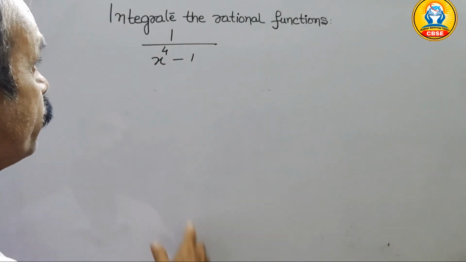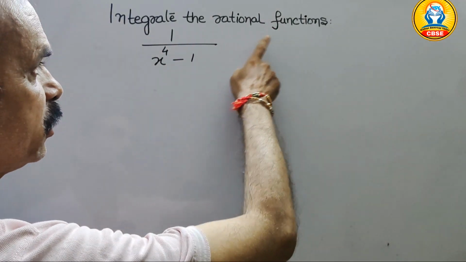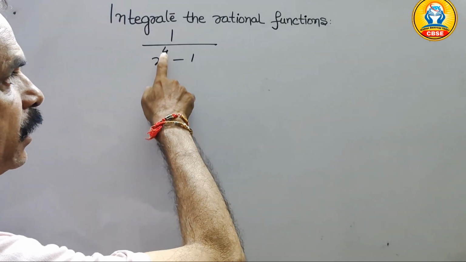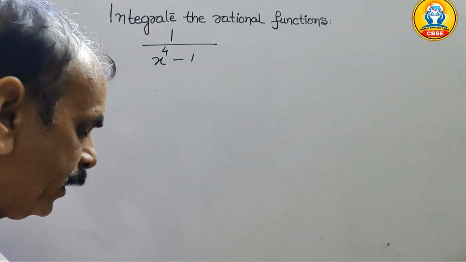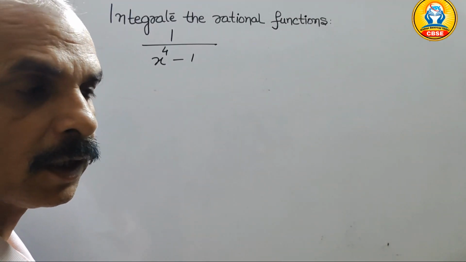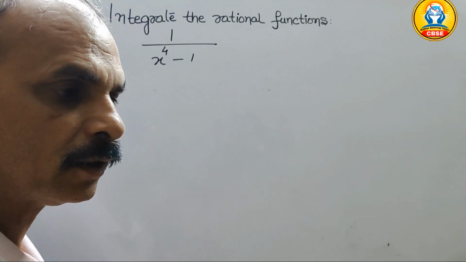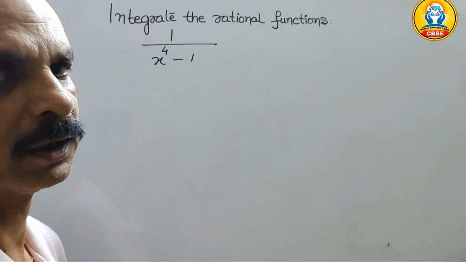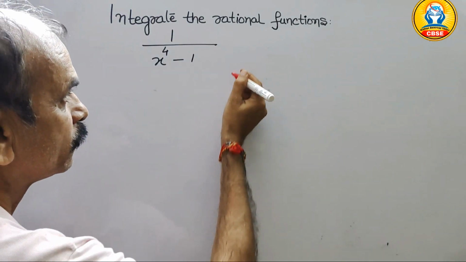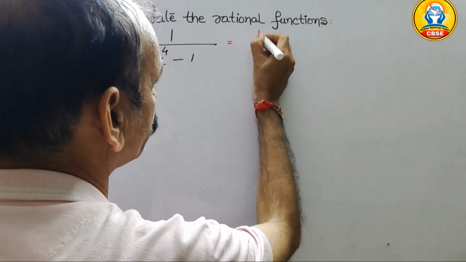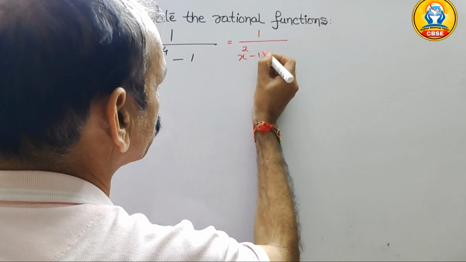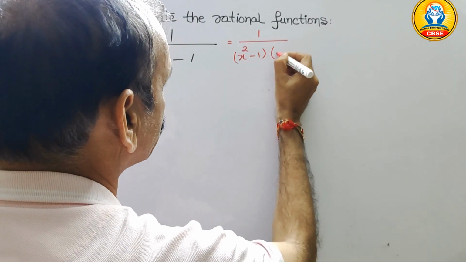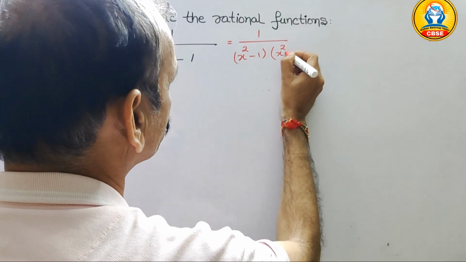Your question is: integrate the rational function 1 by x to the power of 4 minus 1. This we can rewrite as x square minus 1 into x square plus 1. So this is equal to 1 by x square minus 1, and here it is x square plus 1.